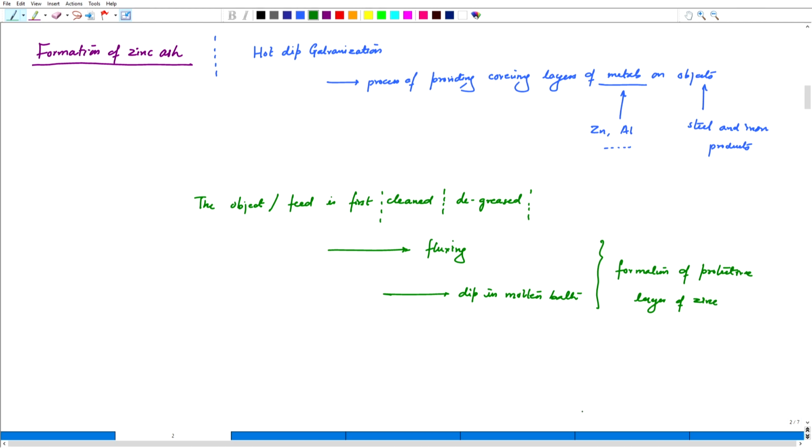And when this is done, when the dipping is done, it is removed and it is allowed to solidify so that the zinc layer is getting attached onto the object of either steel or iron or whichever material is being used.